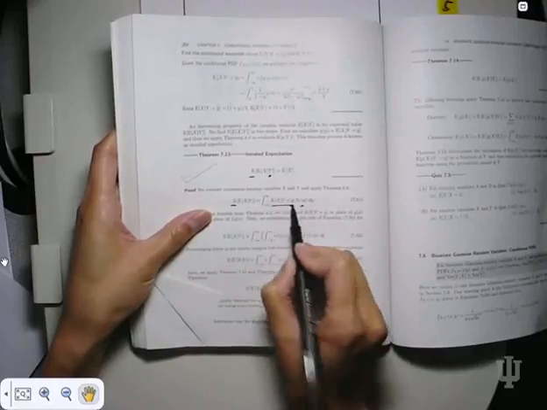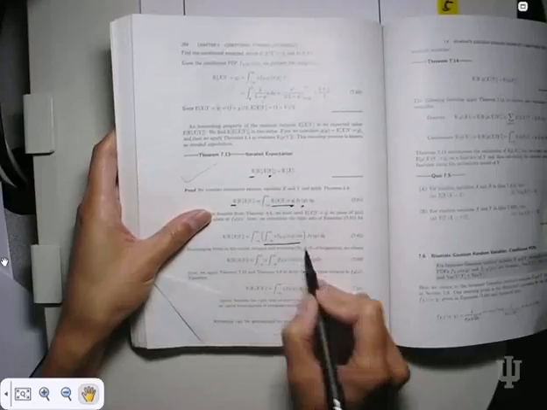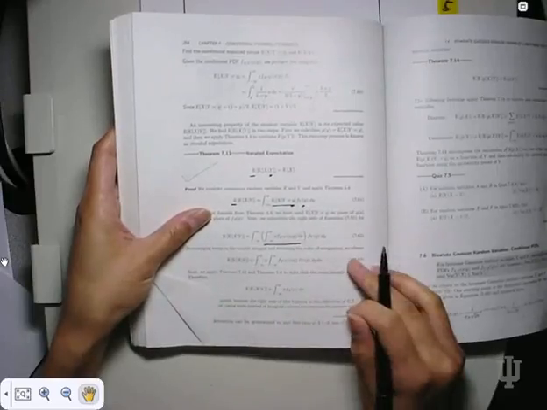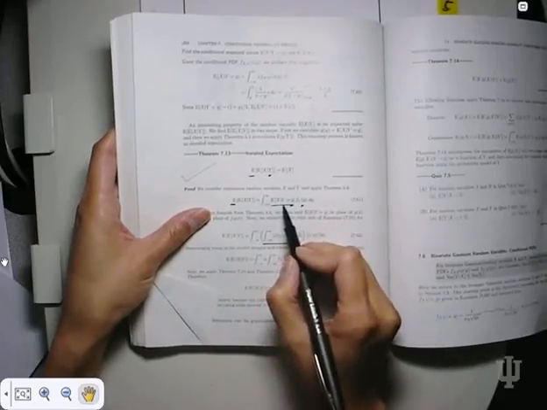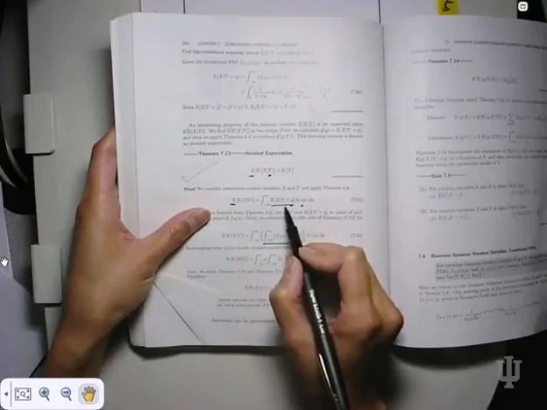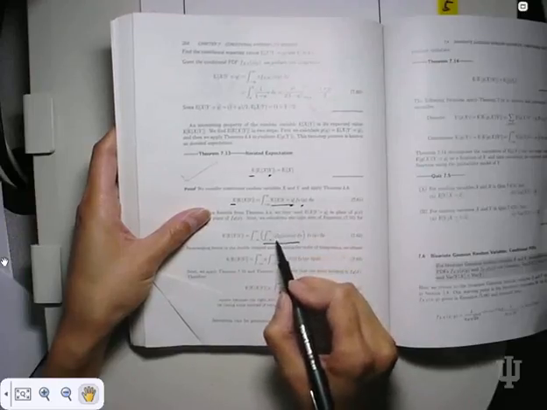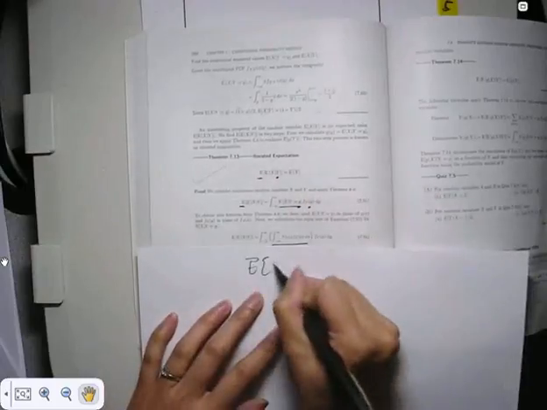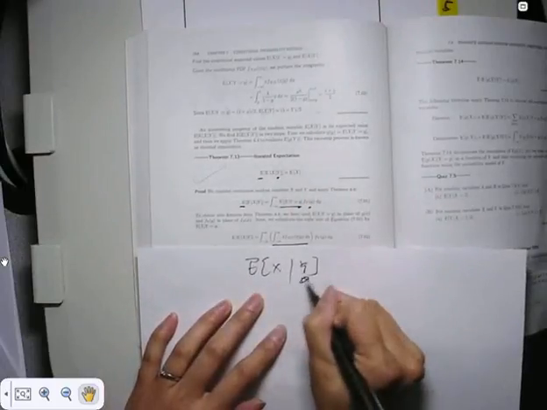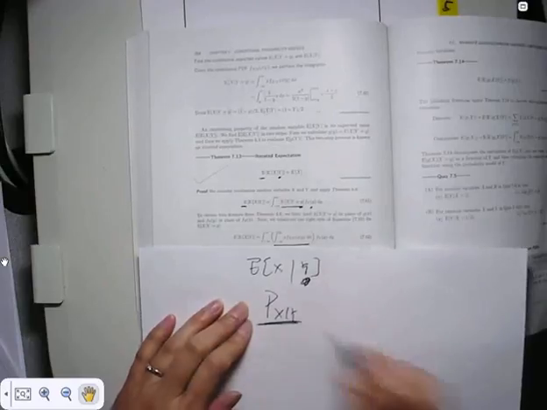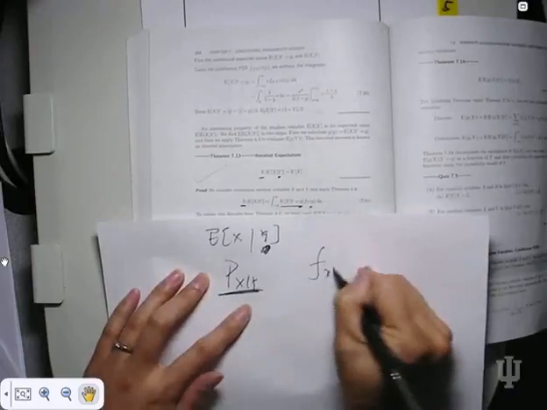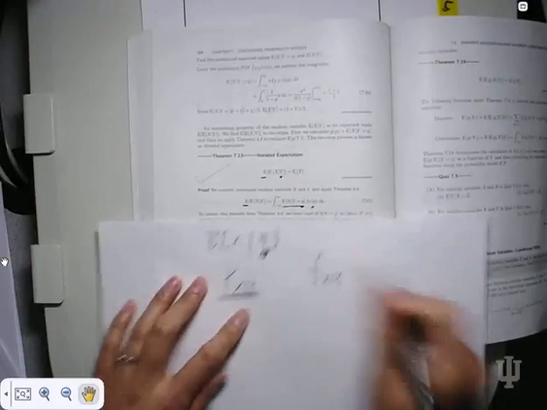And you know this. This is a conditional expected value, conditioning by y. So you need to recall that. Conditioning by y. So you have to use the conditional probability or conditional density, right?